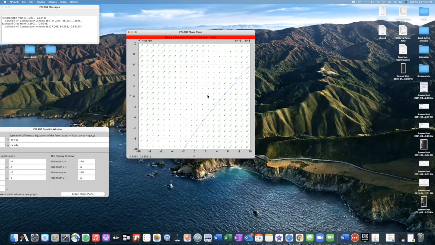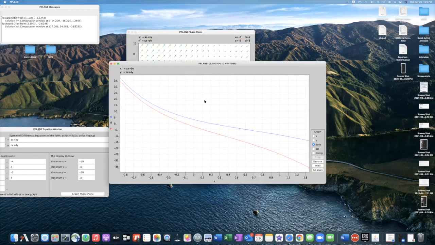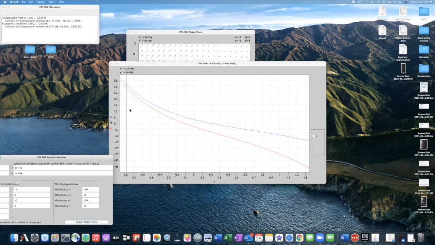Sure, 2, -1. Sorry, I was trying to find the same spot. I am a little bit perplexed as to why I can't seem to zoom out at all. Oh well, I'm not going to worry too much about it. But you should be able to.